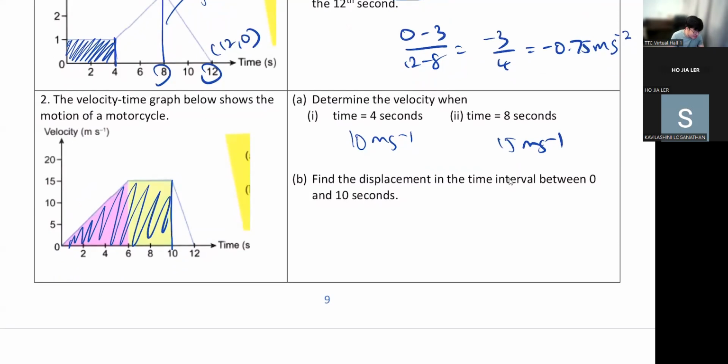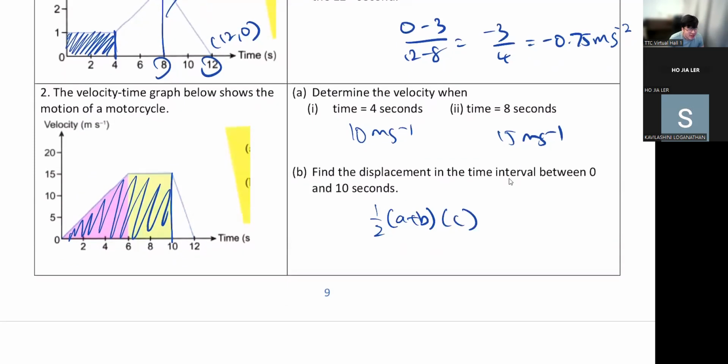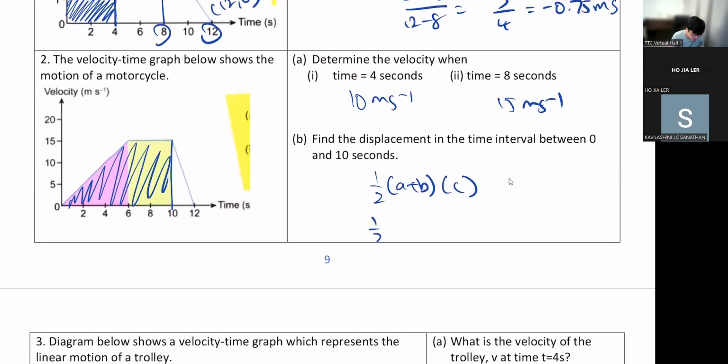I mean, you can calculate this triangle first, then you calculate the square, but it's a very slow method. So the formula for trapezium is 1 over 2 times A plus B, times C. So 1/2, A plus B is 4 plus 10, C is 15. So this will be 105 meter.